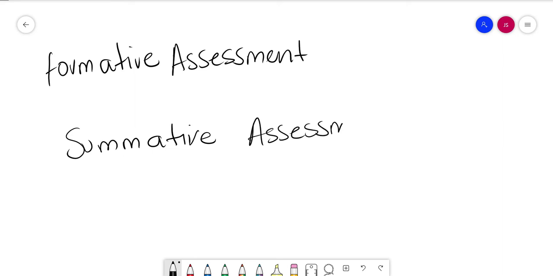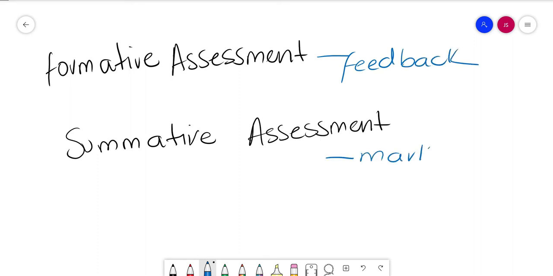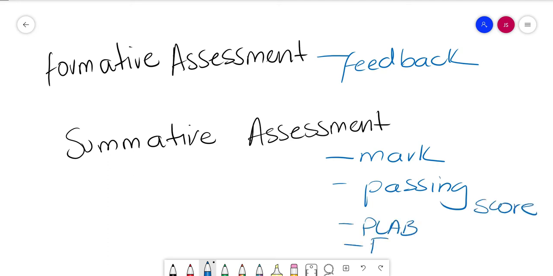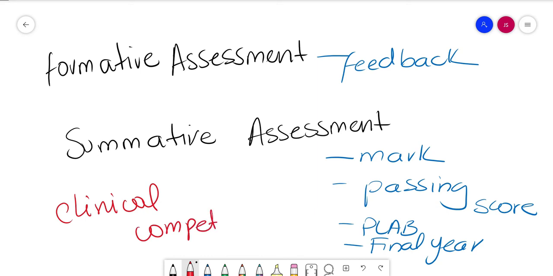Usually, when we're using OSCEs in formative assessment, we're going to provide some form of feedback to give candidates an idea of where they can improve their performance. Summative assessment, on the other hand, is about reaching the mark, reaching the passing score, like in PLAB or in final year, trying to assess clinical competences.